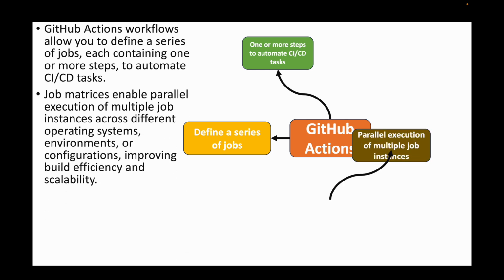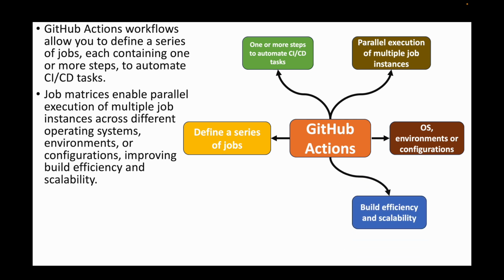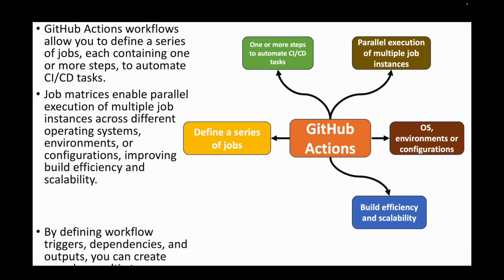Now, job matrices enable parallel execution of multiple job instances across different platforms. So it can be your operating systems or different environments or different configurations, and this helps improve the build efficiency and also the scalability.